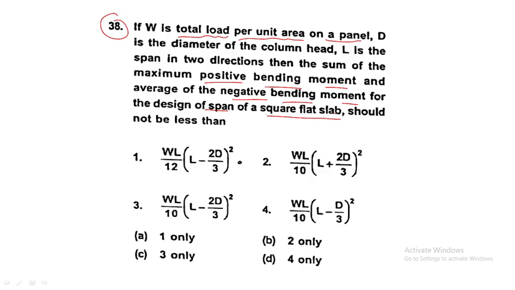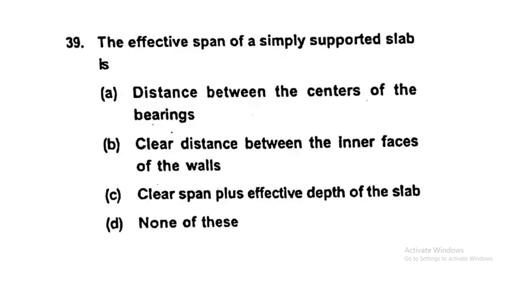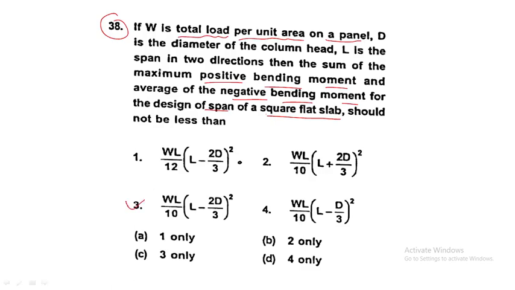How can you write that one? That is W L by 10 (L minus 2D by 3) whole square. We can say the third option is the correct answer for this question.